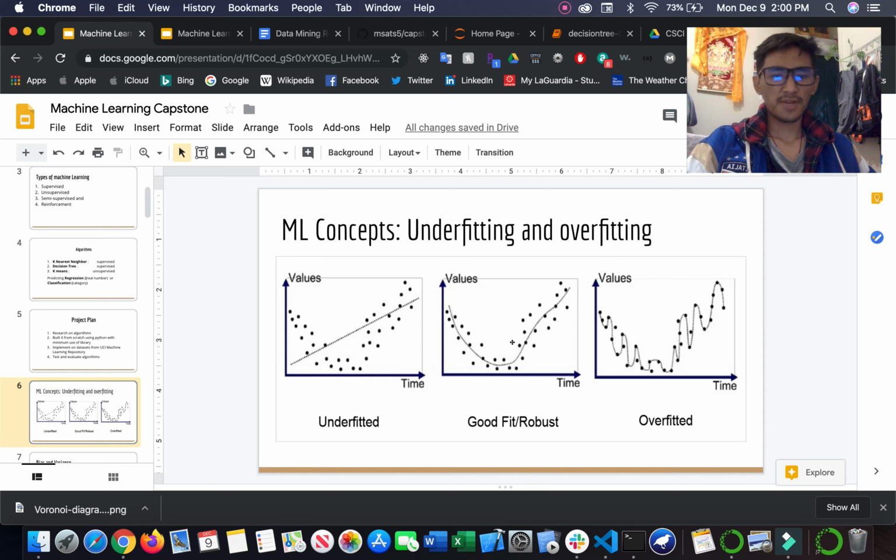A good fit is when the decision boundary is about perfect. Overfit is when it's too perfect, and you don't want that either, because in a real life scenario you don't know what the unseen data looks like. If it's too perfect, there's a high chance of mistakes.